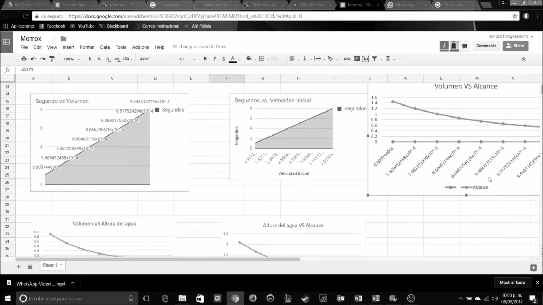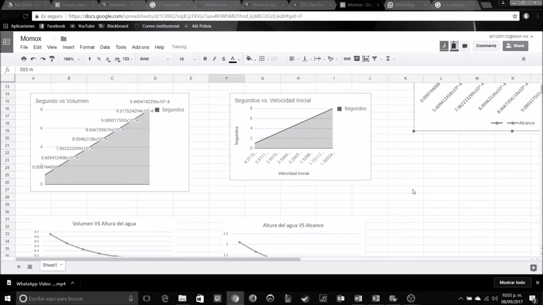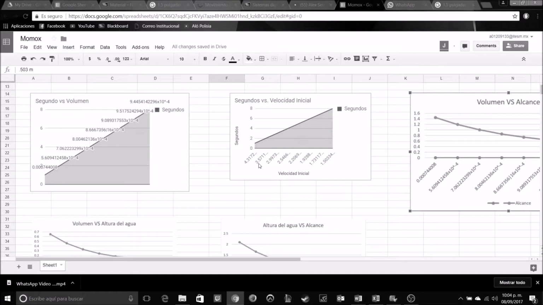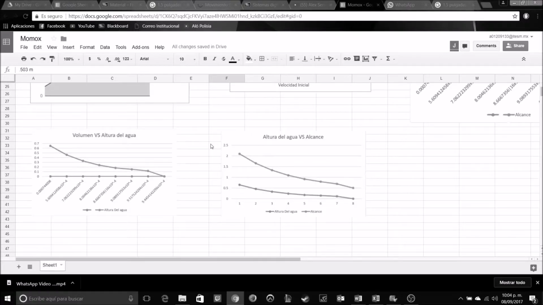Now let's compare seconds versus initial velocity. As the seconds passed by, we can see that the initial velocity started decreasing. So at second 2, for example, the initial velocity was 3.5711 meters per second.